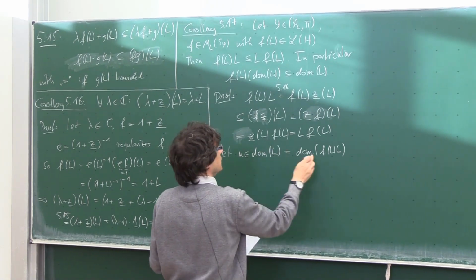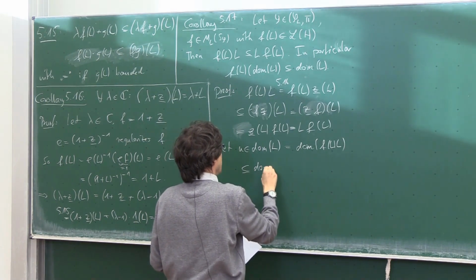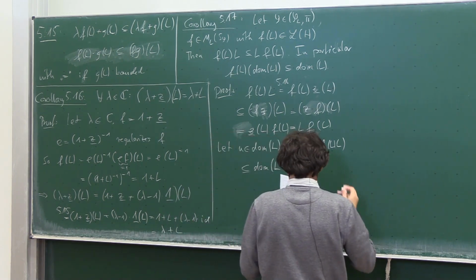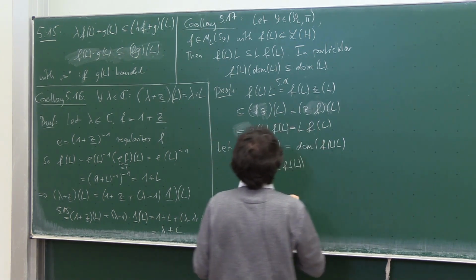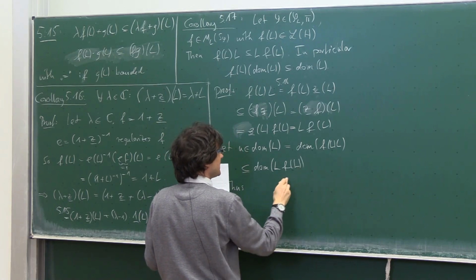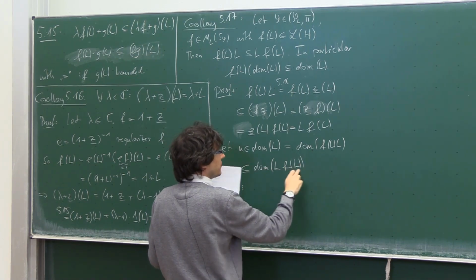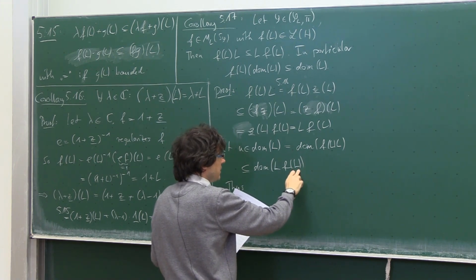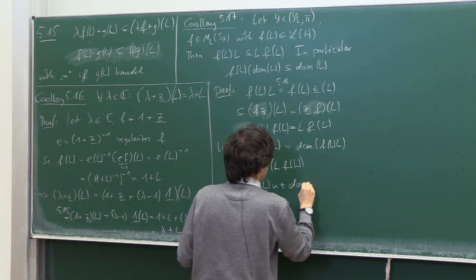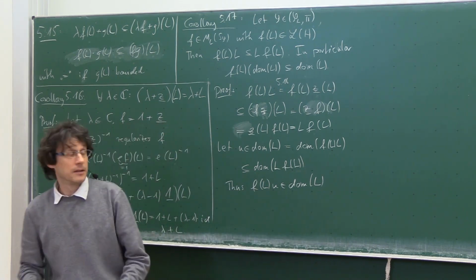Now, use your inclusion. f of L, L is included in L f of L. So u is in the domain of L f of L. Being in this domain means being in the domain of f of L, which is nothing, and being such that f of L u is in the domain of L, and that is exactly what we want to show. So we have proved that if you have u in the domain of L, then f of L u is also in the domain of L.